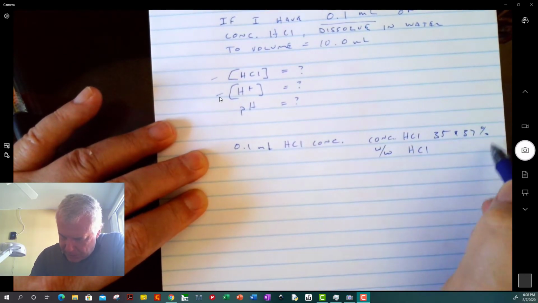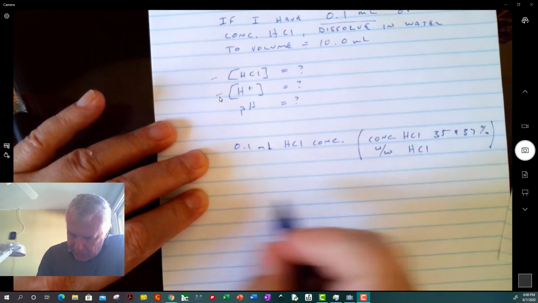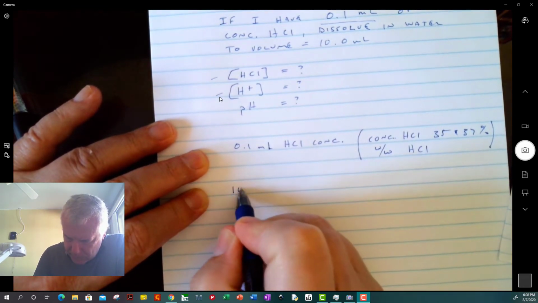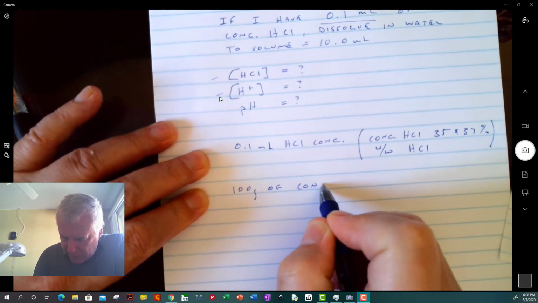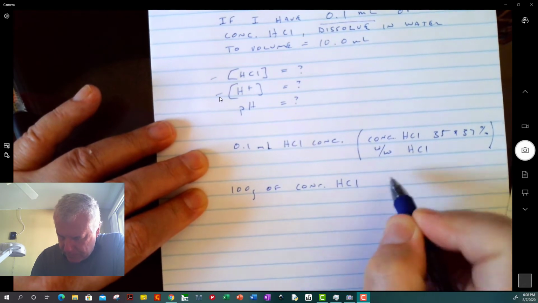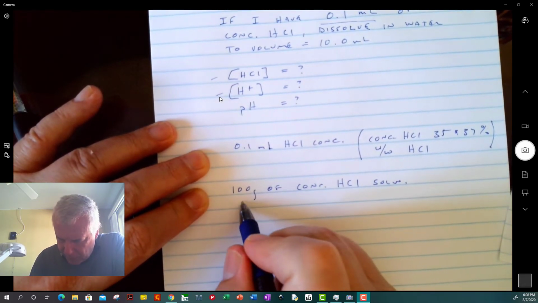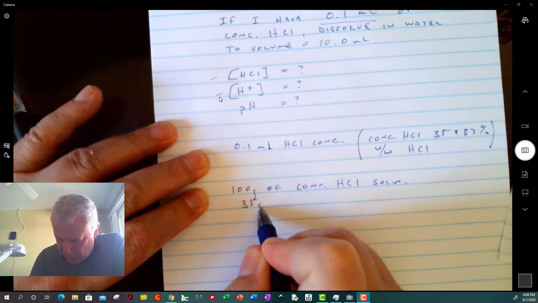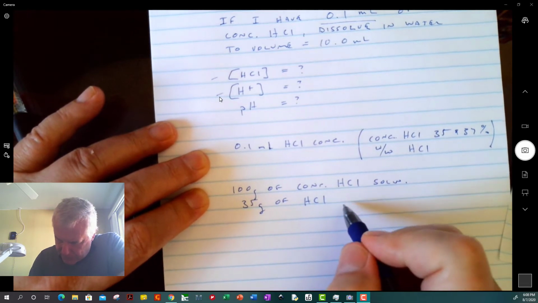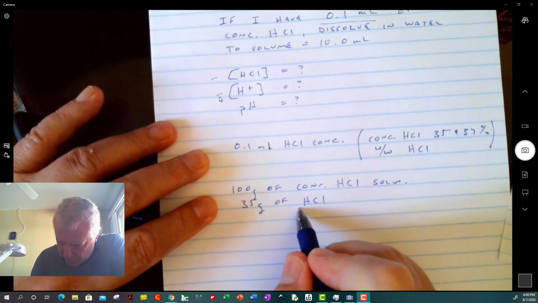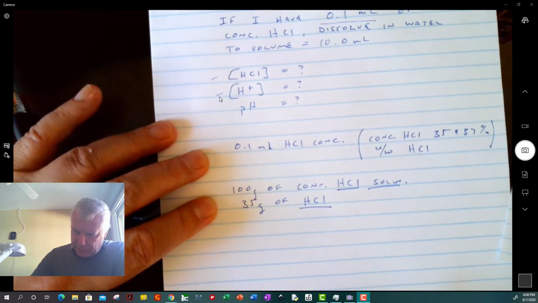What this funny expression means is that for every 100 grams of concentrated HCl, there are, say, 35 grams of the component HCl, as opposed to the solution, right?